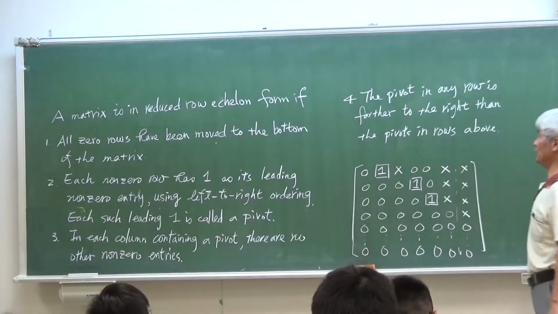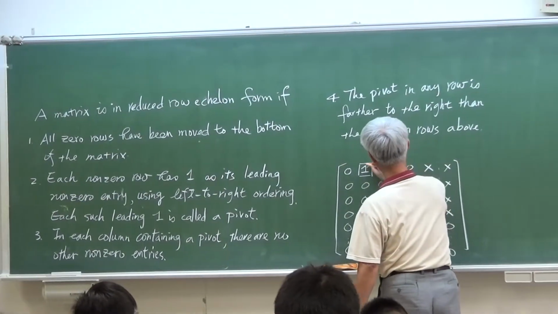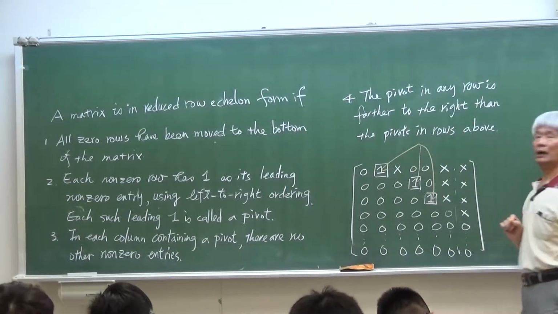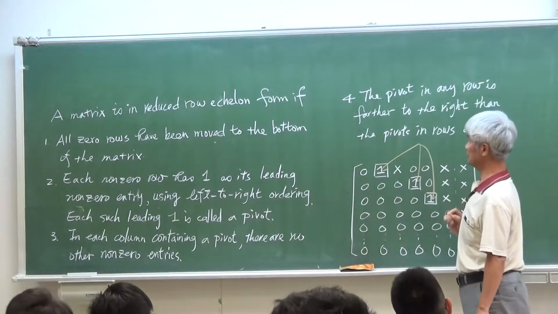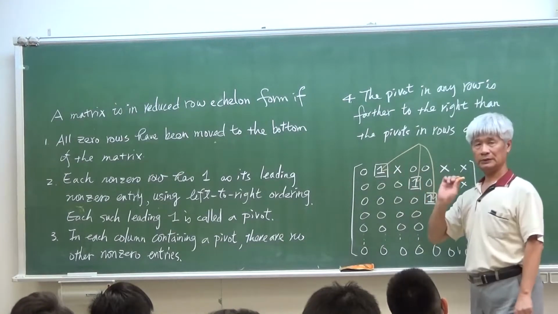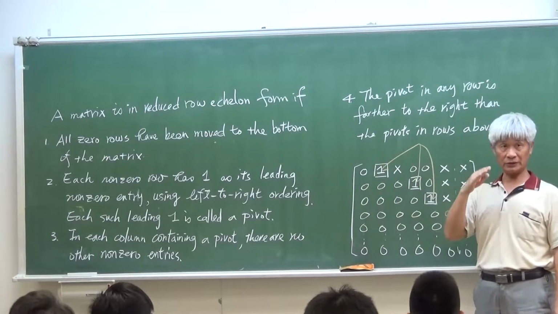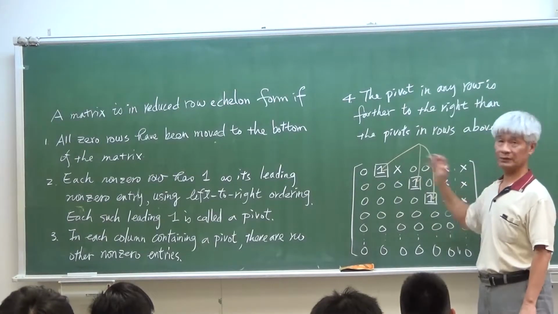Okay, so here we call, as promised, reduced row echelon form: all the leading non-zero entries of each non-zero row will be scaled to 1, right?